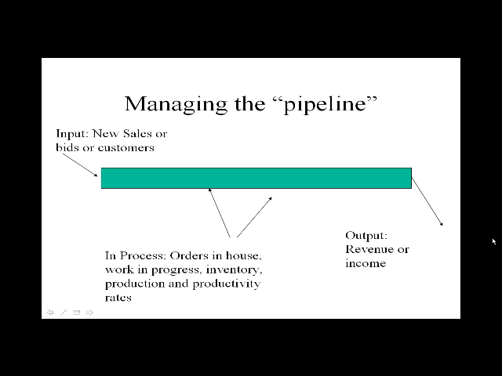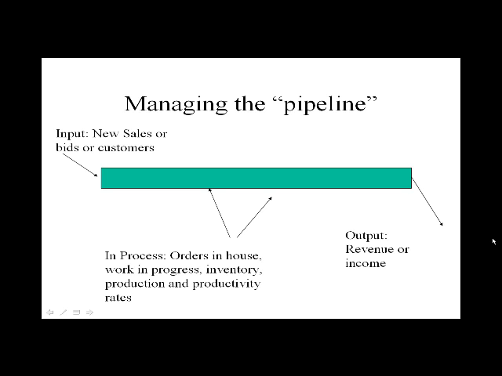One of the concepts, applicable to general management but also to the entrepreneur, and you have to be aware of it, is what I call managing the pipeline. Shows my engineering background. You have to measure everything.